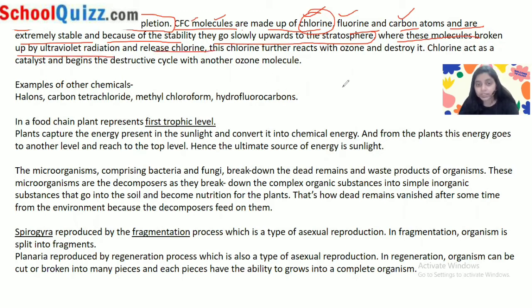If there is a CFC molecule in the environment, it is stable and cannot be broken easily. So it moves slowly upward, and when it reaches the stratosphere, the ultraviolet radiation coming from the sun breaks the CFC molecules into chlorine, fluorine, and carbon.